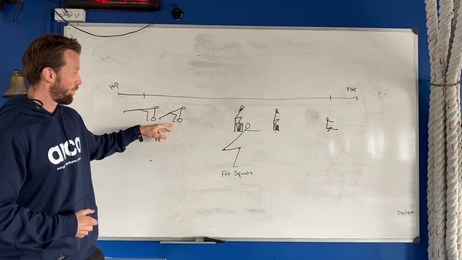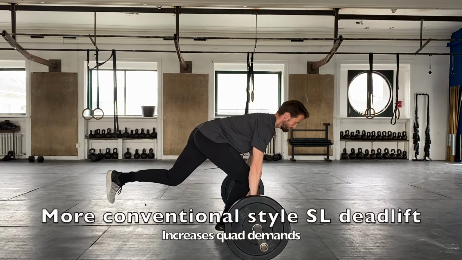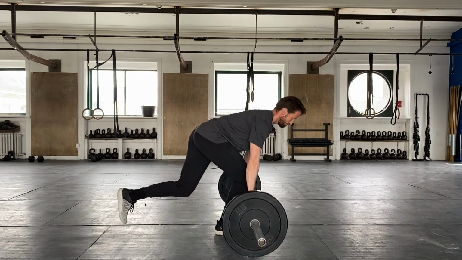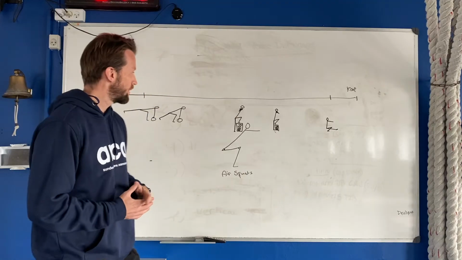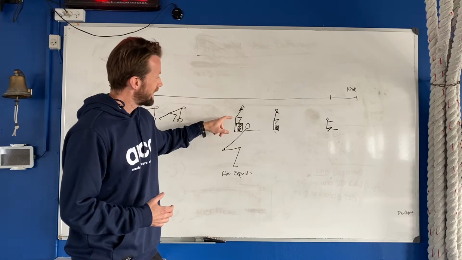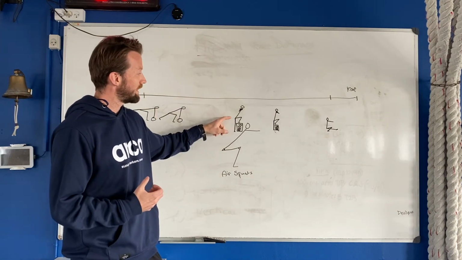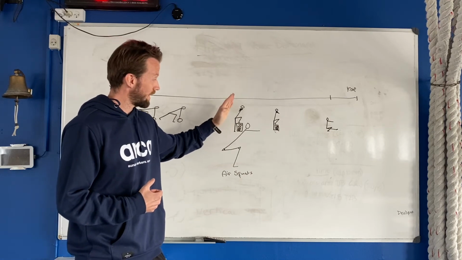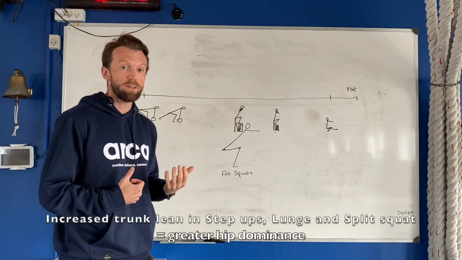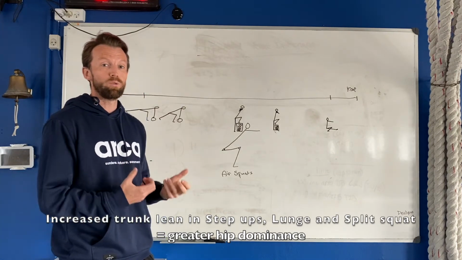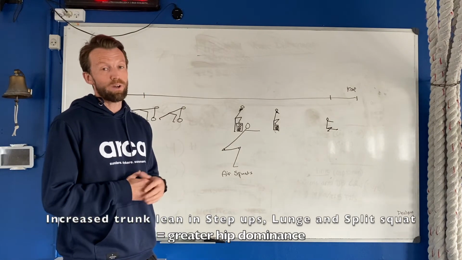You can see here a little more knee dominant style single-legged deadlift. If you go over to a box step up, it's more a choice to make it more hip dominant, because this person is leaning their upper body forward more. That means more resistance against hip extension, choosing a more hip dominant style.